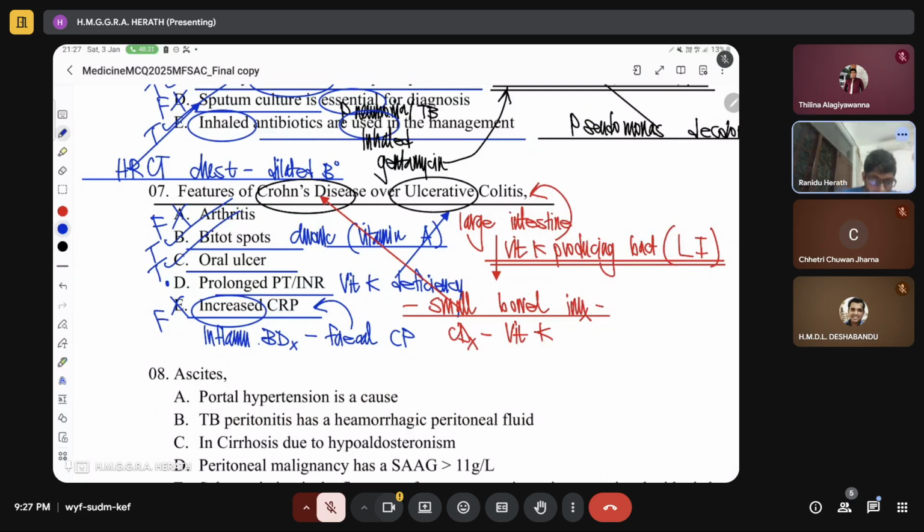So it is a good thing that we didn't attempt this MCQ.